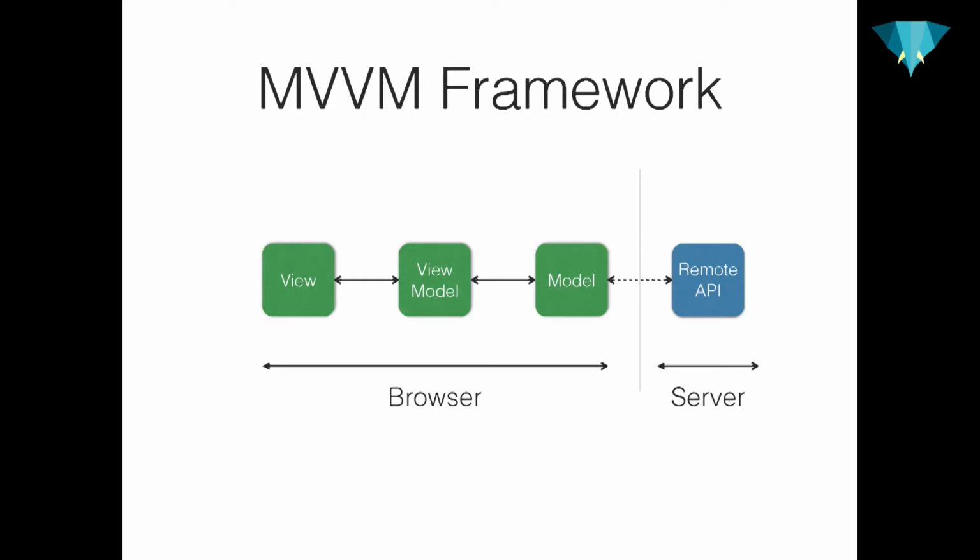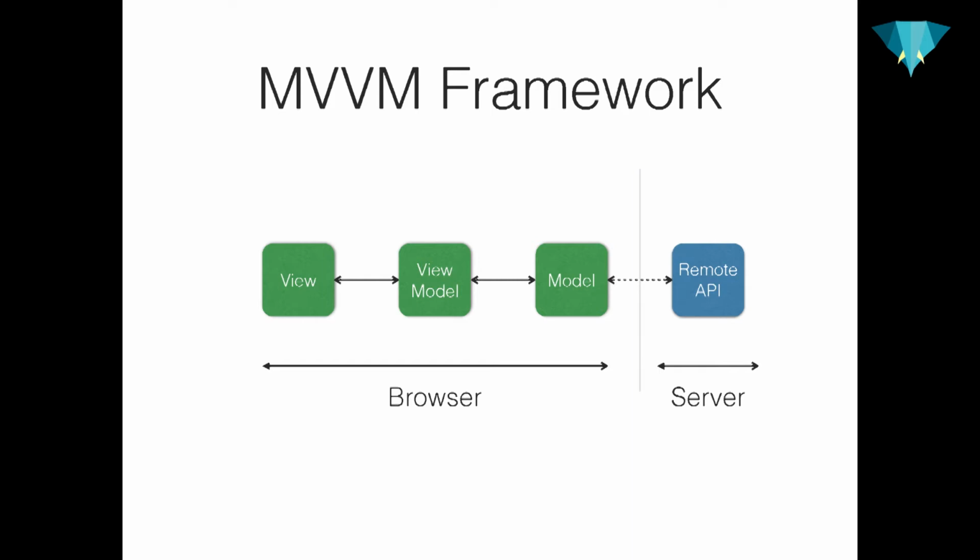So what is an MVVM framework? An MVVM framework looks like this. It has a view, which you can think of as your HTML template on the page, with things on it like a button that you could click, for example, as part of a long form. When you click this button, because it's JavaScript, an event fires and goes up to the view model.